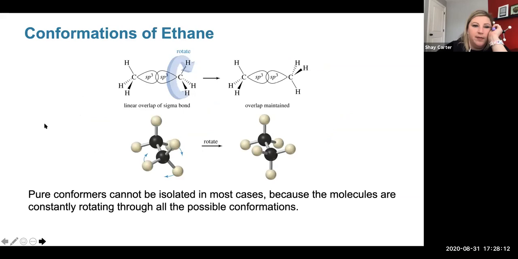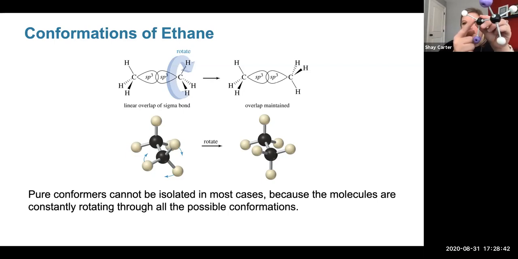So let's talk about conformations of ethane. This is one conformation. I'm trying to get it where it's exactly eclipsed, but my bonds are a little crooked on my modeling set. Okay, that's really close. So this would be the eclipsed conformation, where this front bond is exactly in front of this rear bond.